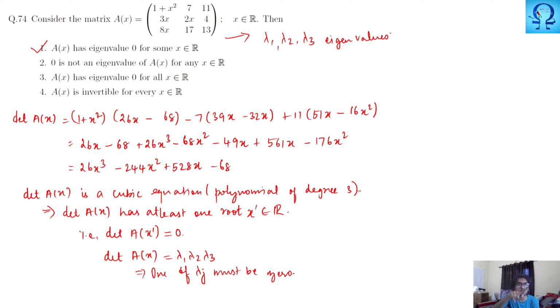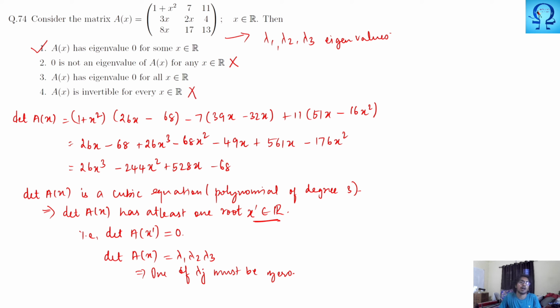Option 2 claims that 0 is not an eigenvalue of A of x for any x, but I have identified one element in R for which the determinant is 0, and then 0 is one of the eigenvalues, therefore option 2 is wrong. When option 2 becomes wrong, option 4 also becomes wrong, because if you substitute this x prime in A of x, your matrix is not invertible for this x prime.